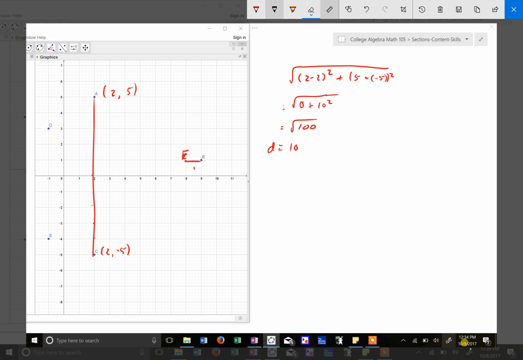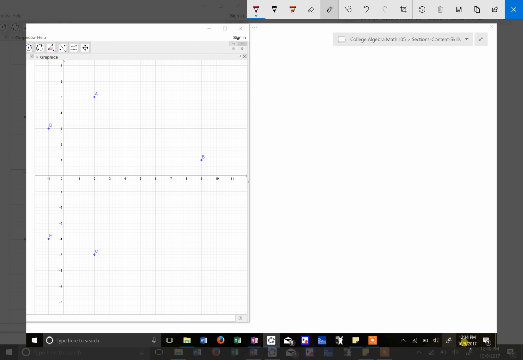I'll do one more distance formula for you. Let's do D to C. Now, D is at the point -1, 3.